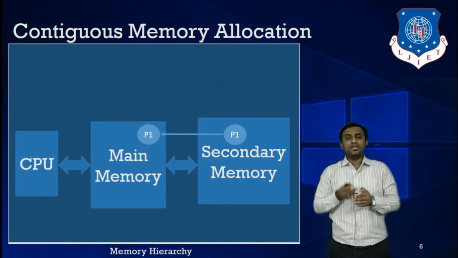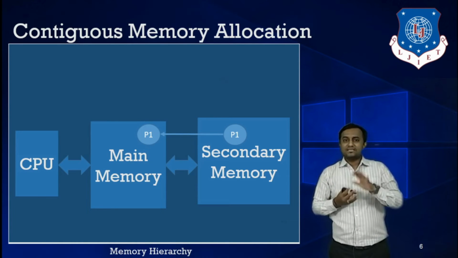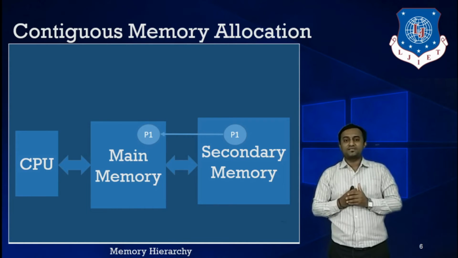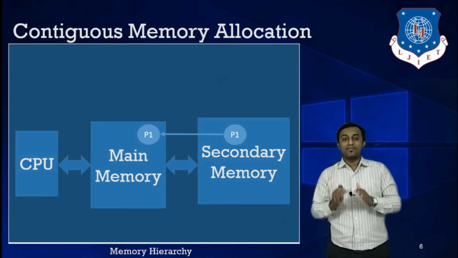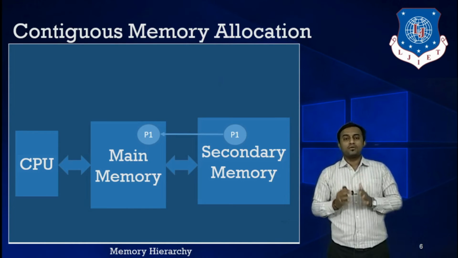Means, what is contiguous memory allocation? The address translation mechanism we have already discussed. The second responsibility of the operating system is what? Memory allocation policy. So in the early era we had this type of memory allocation policy.